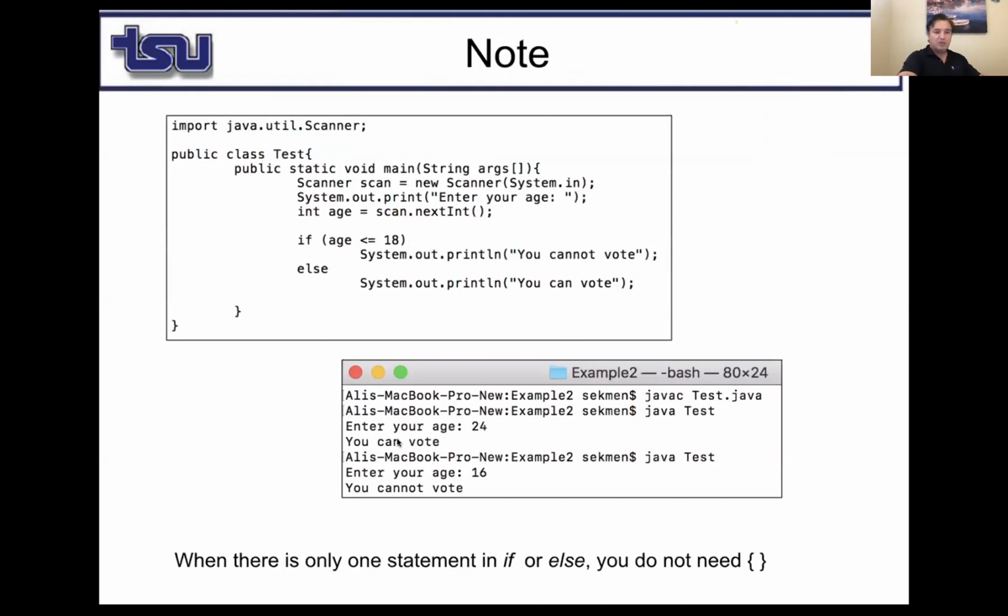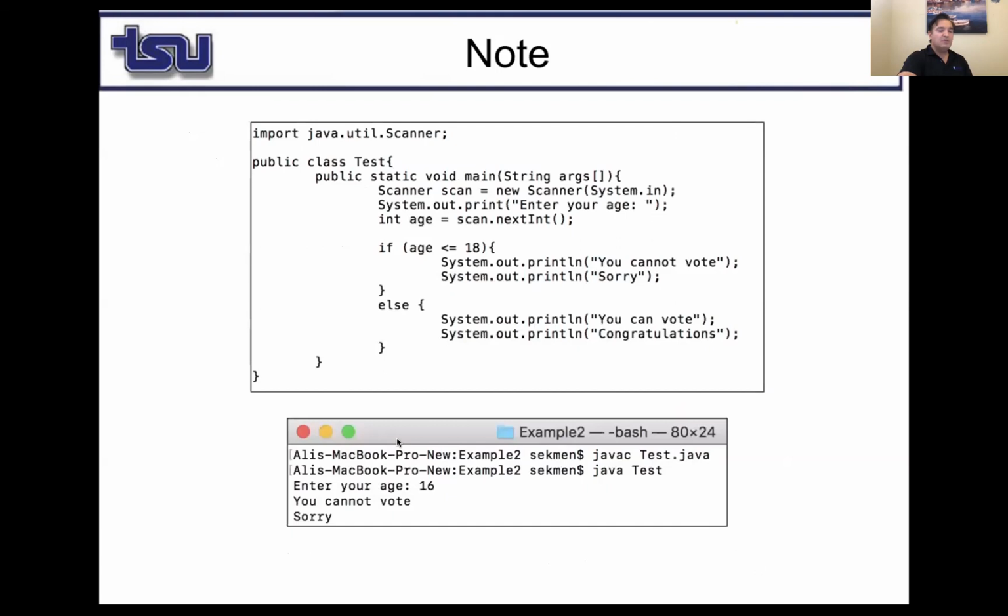It is perfectly okay if you have a single statement inside the block. If it is a single statement, you don't need left and right braces. This statement will belong to if, and this statement will belong to else. So this will execute just like the previous one. However, if you have multiple statements in the if or else block, you must use left and right braces. Otherwise, it may act the way that you may not expect.